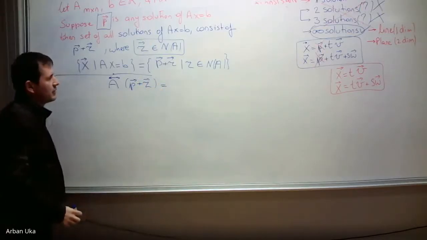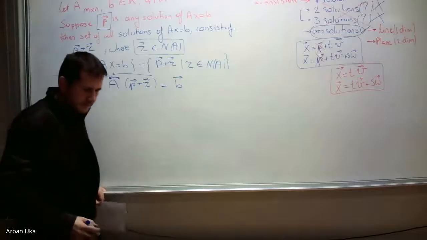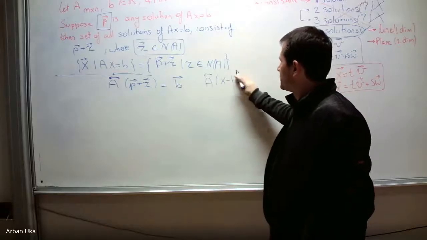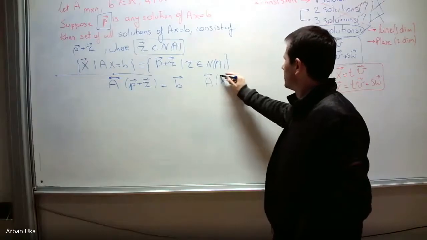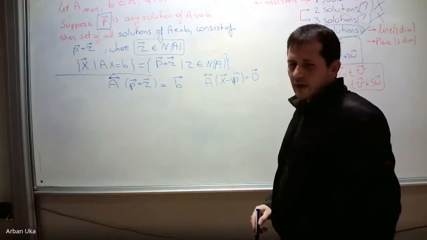A multiplied with P plus Z equals B, because Z is included in the null space of A. And then we multiply A with X minus P, which gives B minus B, to get 0.